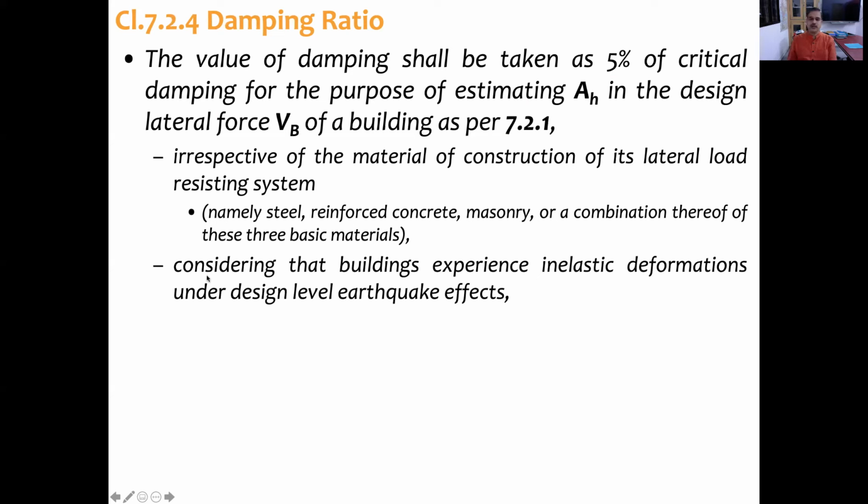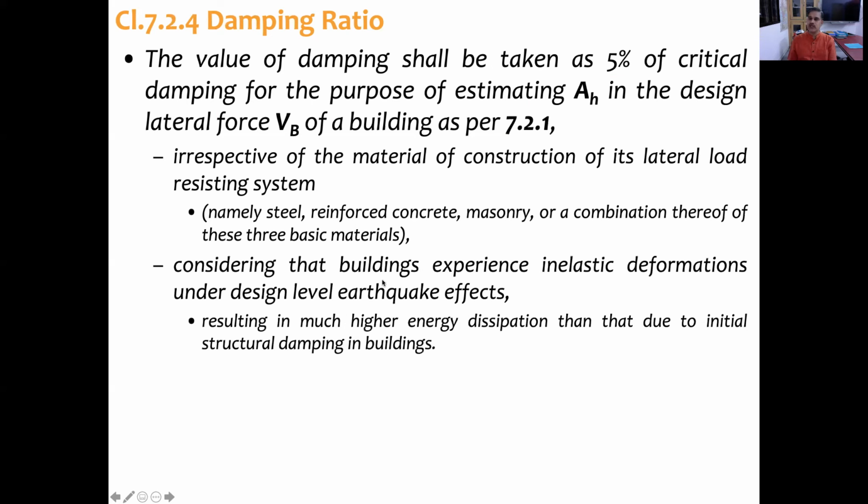Sometimes a building experiences inelastic vibrations under design level earthquake effects. In that case, it results in much higher energy dissipation than due to the initial structural damping present in the building. So damping will be high because of the energy dissipation. What to do at that time, I will discuss a little while later.